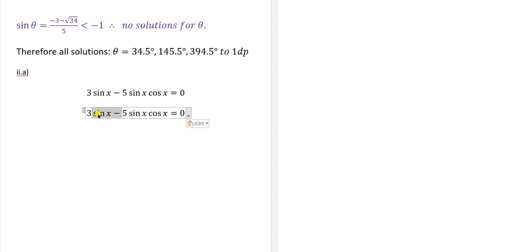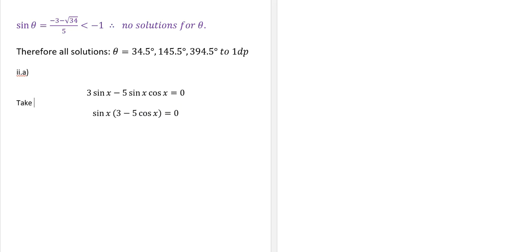So a better solution than dividing by sine x and effectively losing potential solutions, because if you're dividing by it, it's almost like you're saying, well, it can't be 0 because otherwise I wouldn't be allowed to divide by it. So instead of dividing, we're still going to remove it because we want to get this 3 minus 5 cos x. That's not an invalid solution stream, but in addition to that one, we're also going to have sine x.